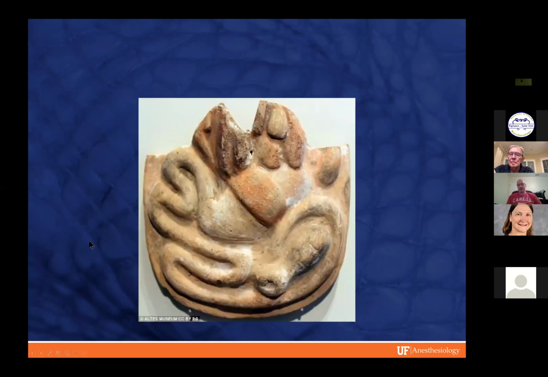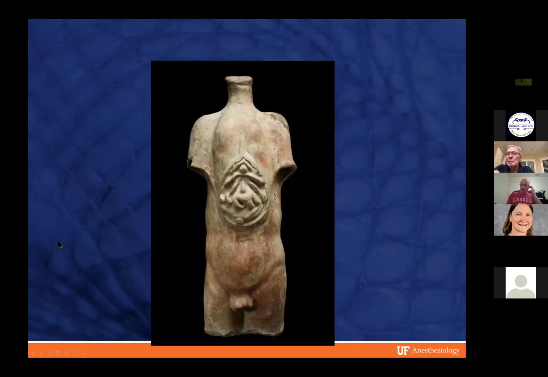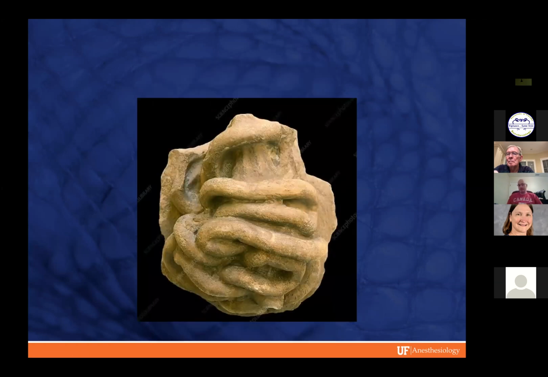This was a model that was found in the Middle East of presumably abdominal contents. Here's another one that's much more clearly abdominal contents that was found in North Africa. And another one that clearly is intestines.